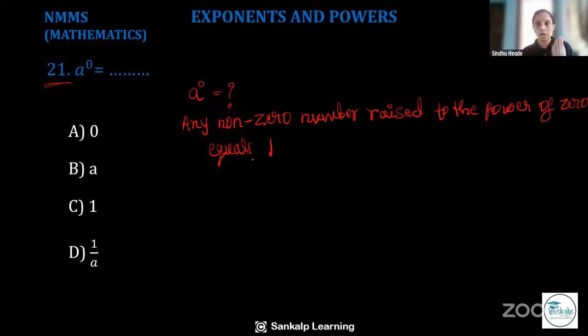Non-zero number means 1, 2, 3, 4, and so on. You can take any number, but only non-zero numbers you have to consider.